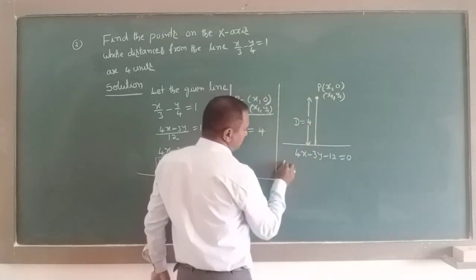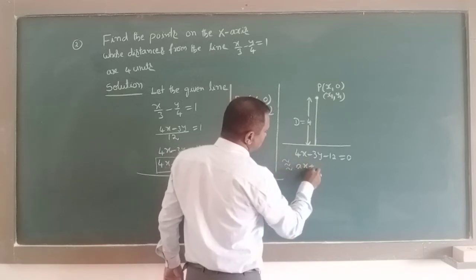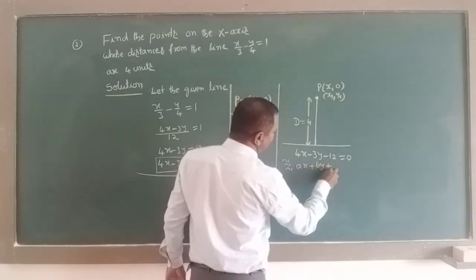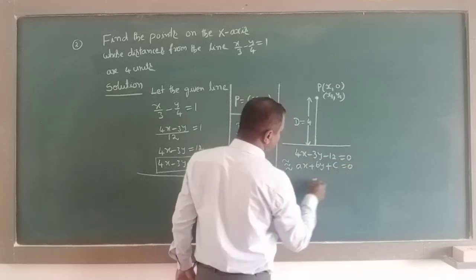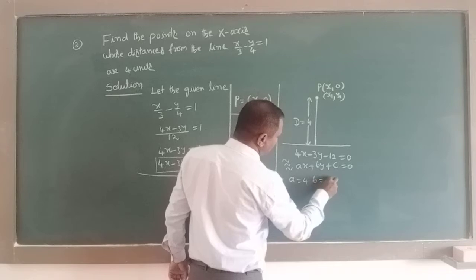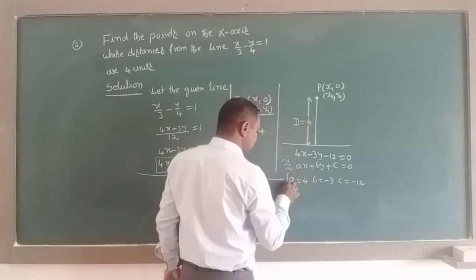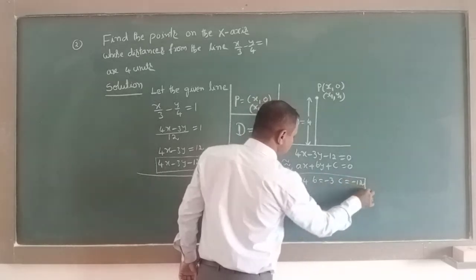At the same time, comparing with the general form of equation of straight line, ax plus by plus c is equal to 0, a is equal to 4 and b is equal to minus 3 and c is equal to minus 12 here. All these three we got here.